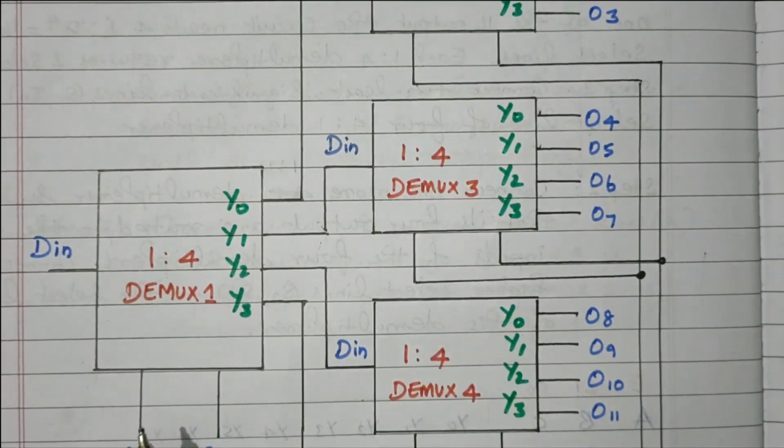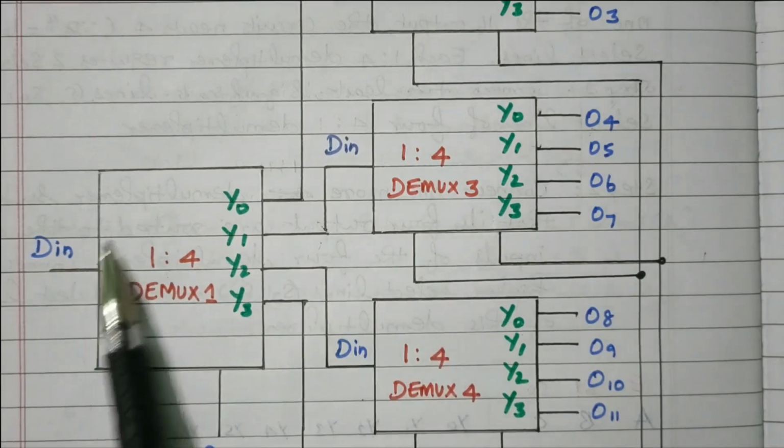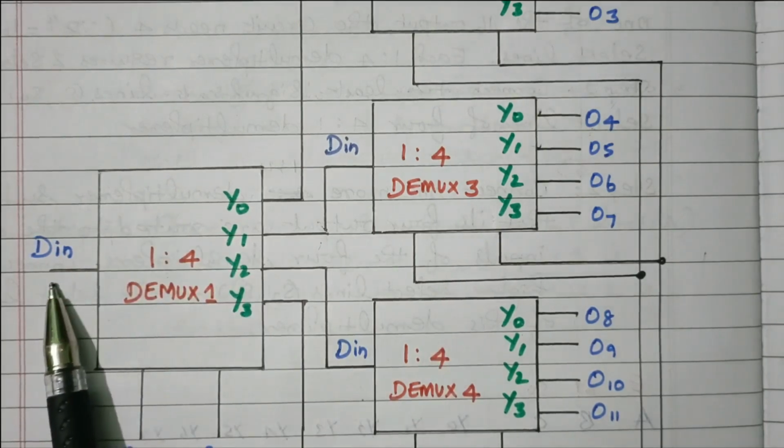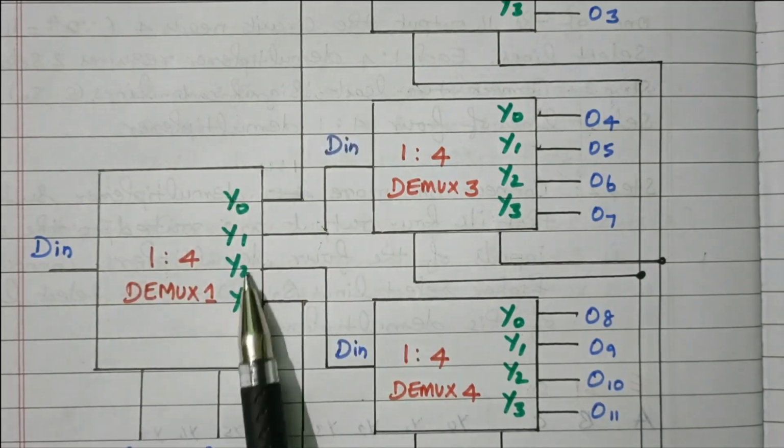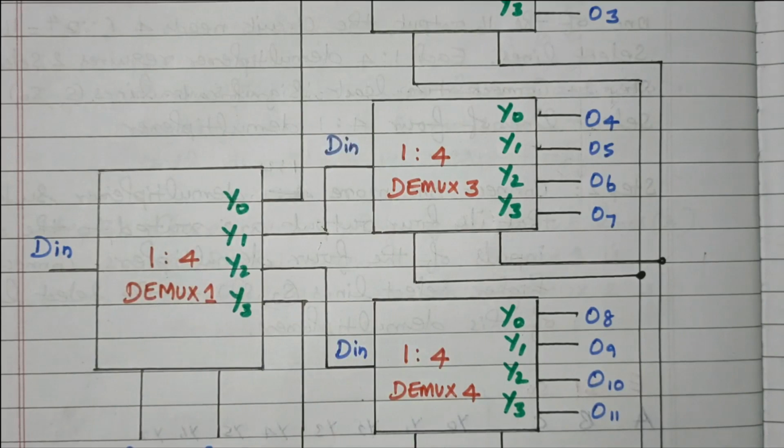0 0 means the first one, 0 1 the second, 1 0 the third, 1 1 the fourth, right? So these 4 dmux are controlled by this one more dmux with one data input. This data will be given to any one of these dmux based on the selection lines, right? Now these 4 are controlled by this dmux.